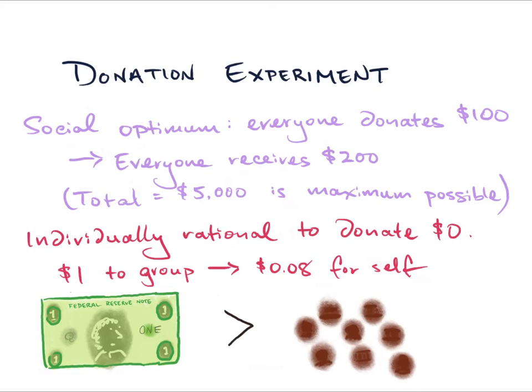But still, if the group says they're going to do this, and even if everyone else donates all their money to the common project, you still have a choice what to do with your $100. Keeping it, you get it all. Donating it, each dollar becomes 8 cents for you, and so it remains rational for you to contribute nothing.